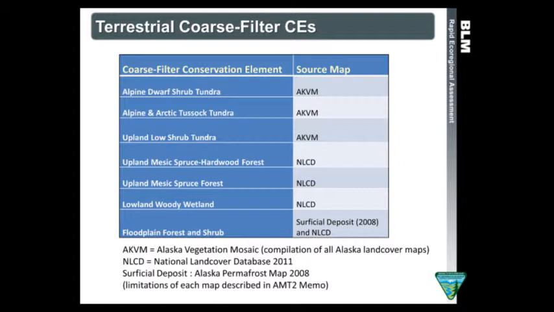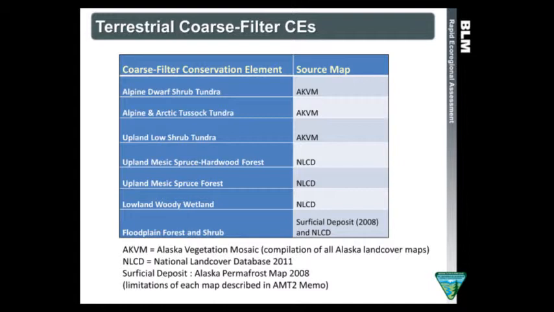And we had to create a common crosswalk, a coarse classification, where we had to dumb down some of the maps that were really finely detailed, like some of the Park Service maps. But the three classes that we're deriving from those maps are all part of the coarse classification.